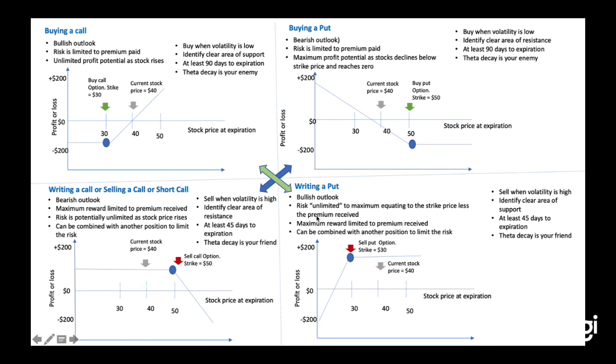But you'll receive the premium upfront here. The other two strategies are buying a put, again a bearish outlook, and your risk is limited to premium paid. You have unlimited profit potential, and the close relative of this is selling a call or writing a call. You will get the money right away with your premium, but the risk is unlimited as the stock rises.